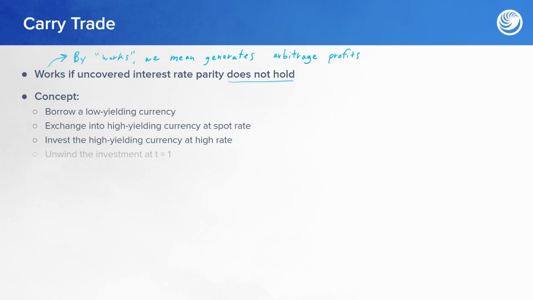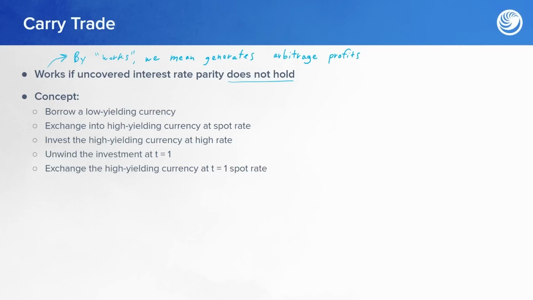So let's keep going. After we invested the high yielding currency at the higher rate, we'll unwind the investment at the end of the time period. So t equals 1 is 1 year from now. Then we'll exchange the high yielding currency at the spot rate at that time. So it's 1 year after we initiated the initial exchange into the high yielding currency.